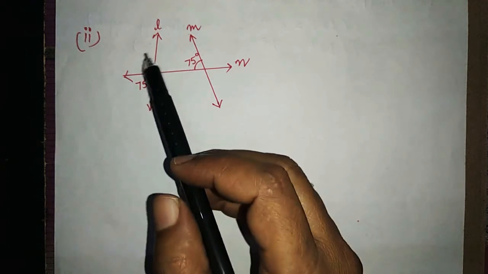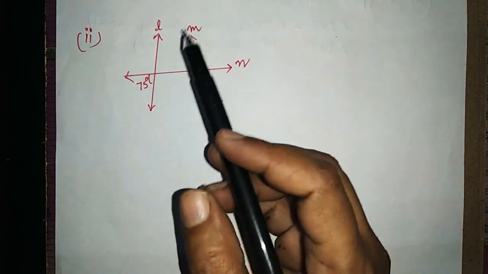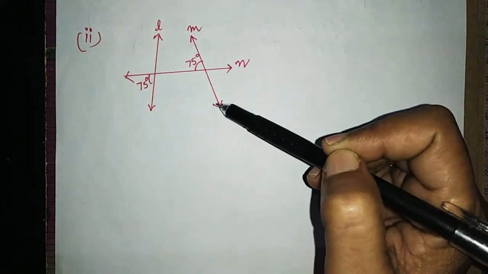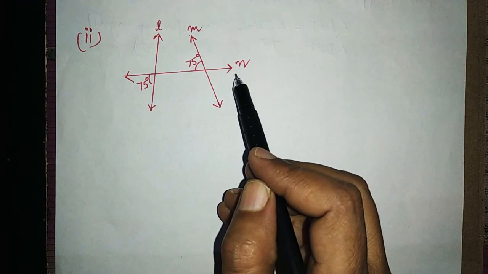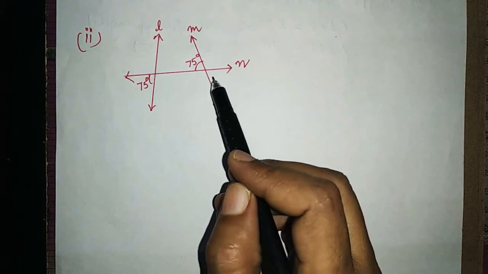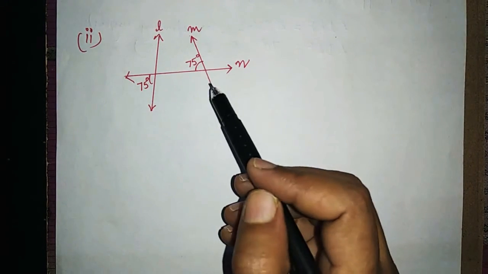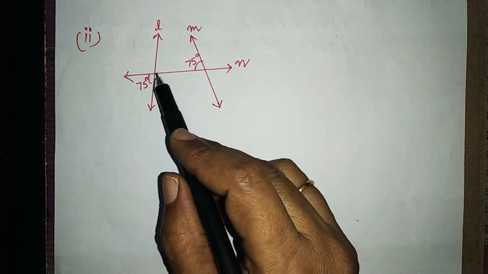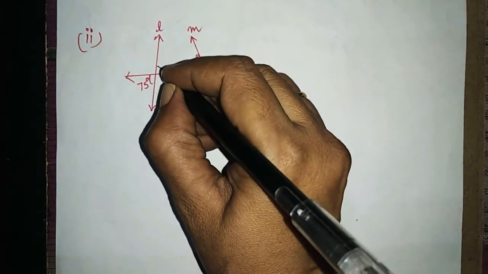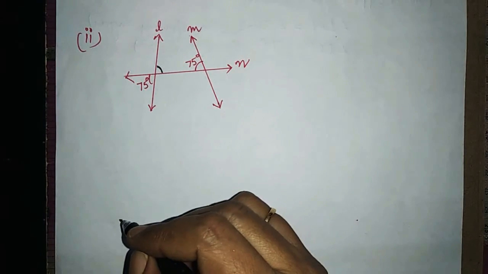Now see the second part of this question. Here also you can see line L and line M, and one line N you can see. Here also we have to tell line L is parallel to M or not. To see that, first we will assume this angle. Okay.